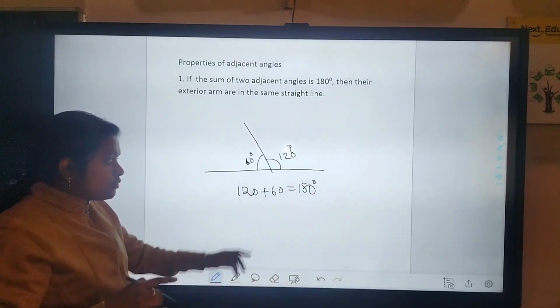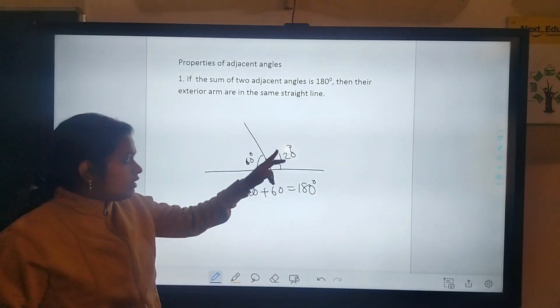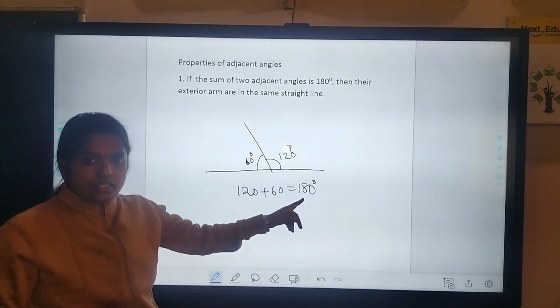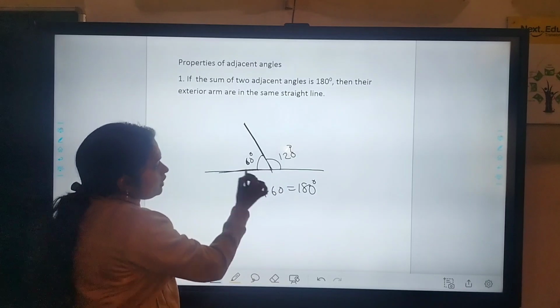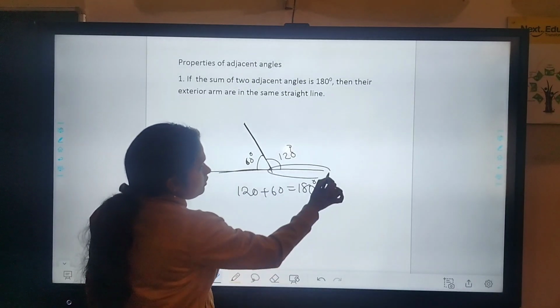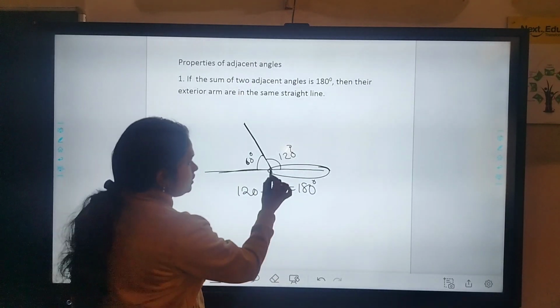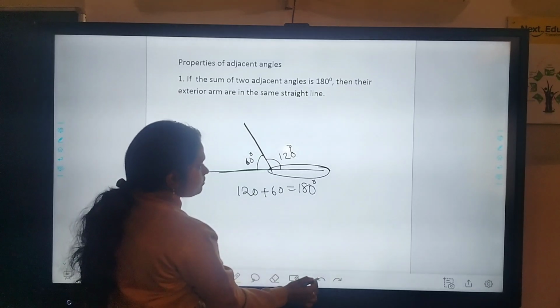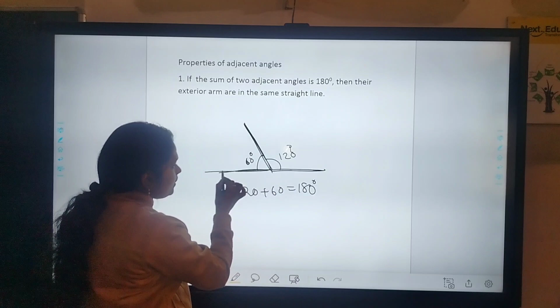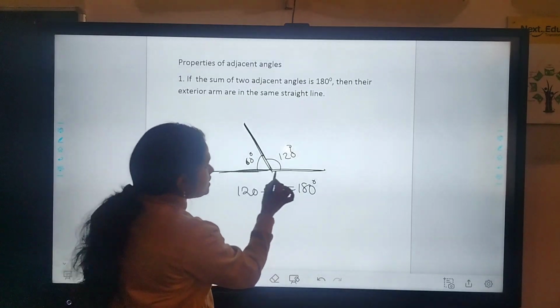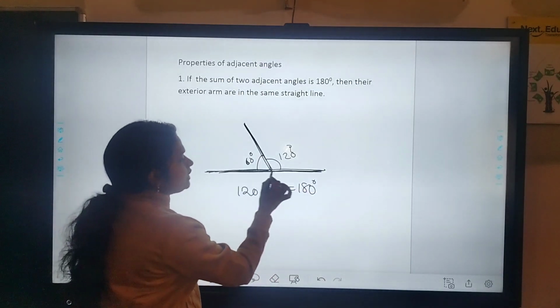If the sum of the measures of two adjacent angles is 180 degrees, then for the 60 degree angle the exterior arm is this one, and for the 120 degree angle the exterior arm is this one. The two exterior arms will be on a straight line.